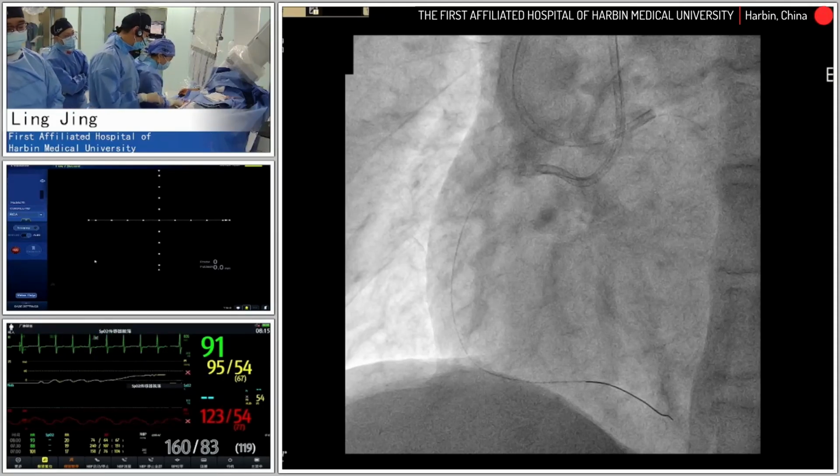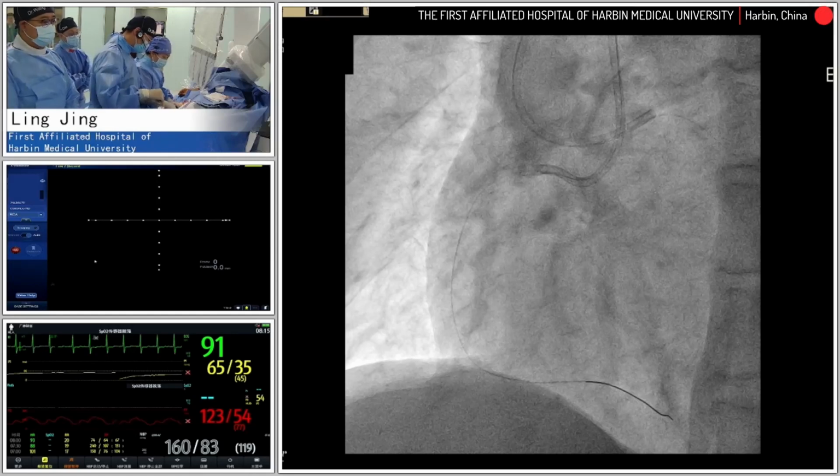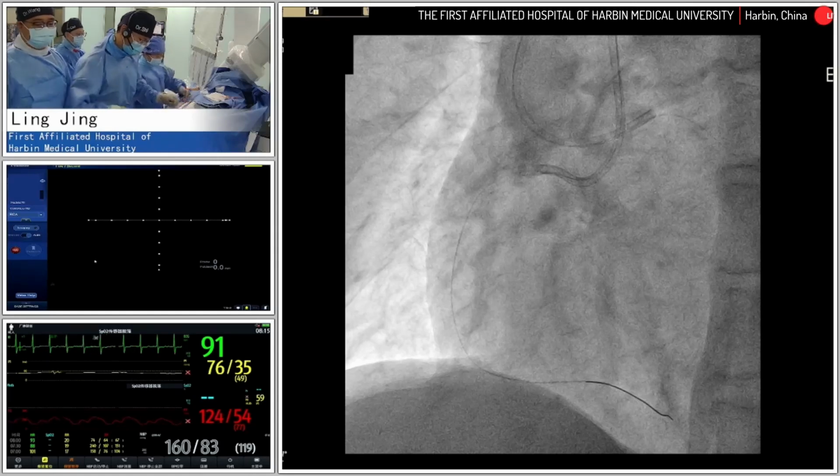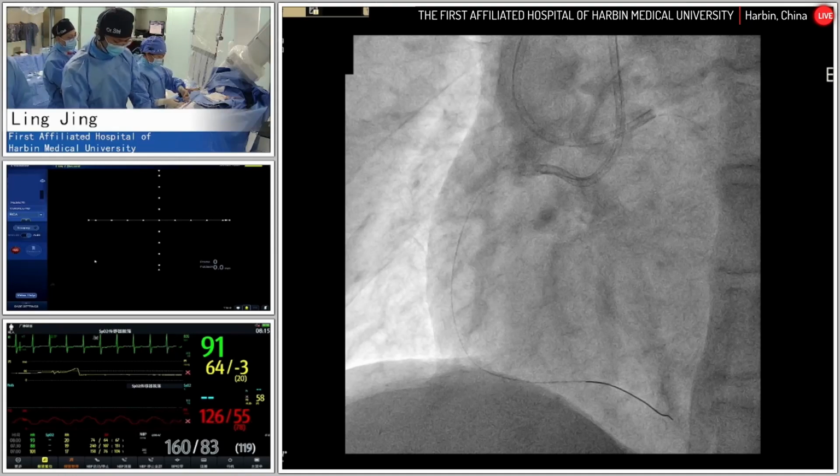And for this kind of CHIP patient, a relatively old lady with small body weight, there is a potential high risk of PCI procedure complications. For example, the high bleeding risk, and we can also see the ejection fraction is only 30 or something.